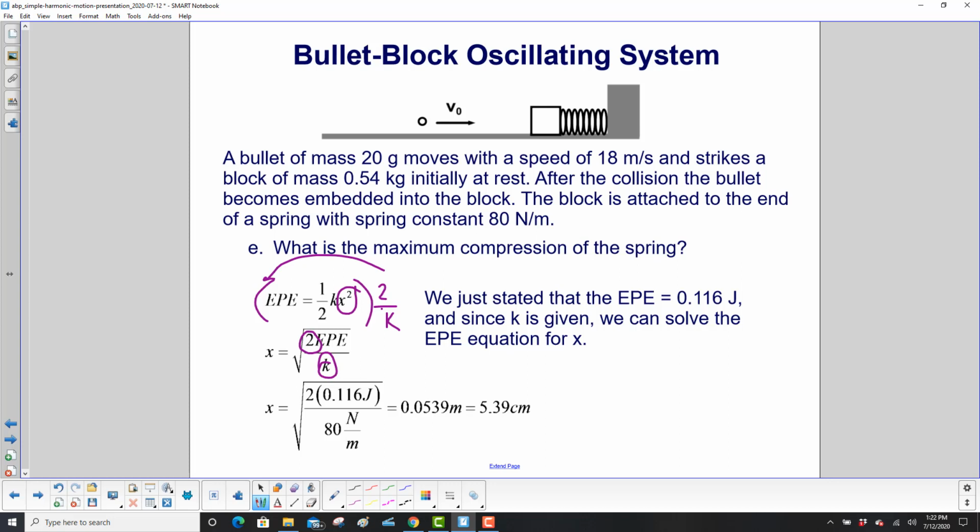But we want x, not x squared, so that's why the square root is here. Put the numbers in: 2 times 0.116 joules, which is the maximum elastic potential energy, divided by the spring constant, and we get 0.0539 meters, or 5.39 centimeters. To go from meters to centimeters, move the decimal 2 to the right. So that's 5.39 centimeters.